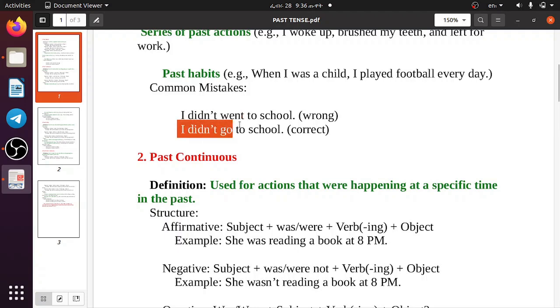But this is right, because when we use past in one verb, we have to use present in another verb. For example, didn't is past verb and go is present verb. This is correct. So I didn't go to school is correct.